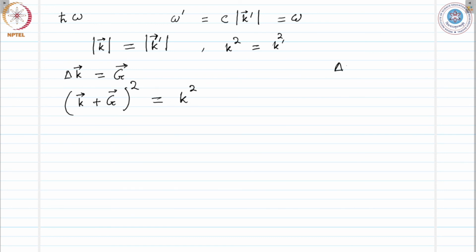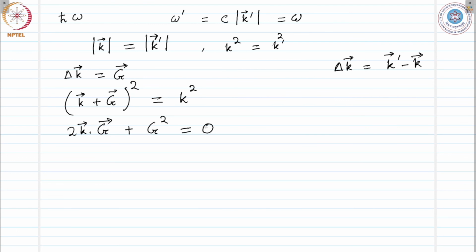Remember, delta k is nothing but k prime minus k. And we can also recast this equation in the following form: 2k dot G plus G squared equals 0.